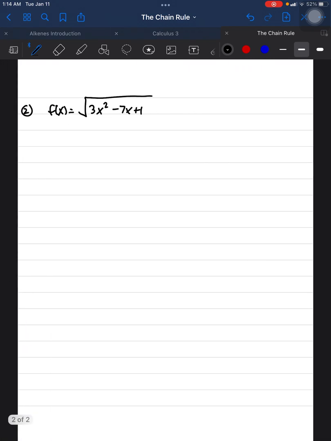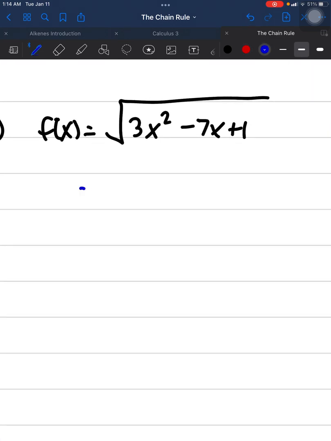So in this kind of problem, we're going to need to try to rearrange this formula so that we have an outside function and an inside function. We're going to make that obvious. So what we're going to do here is rearrange this into parentheses.